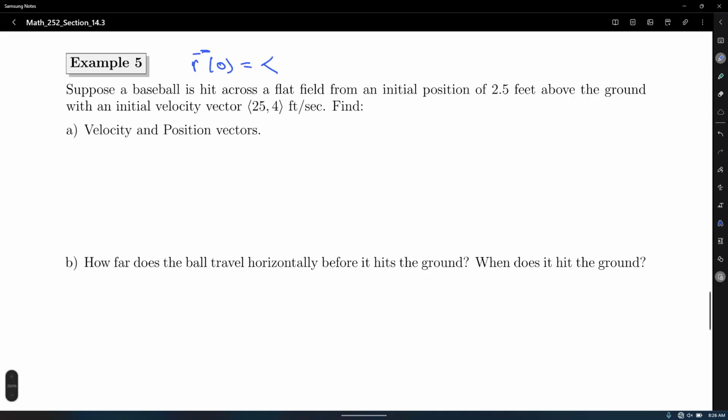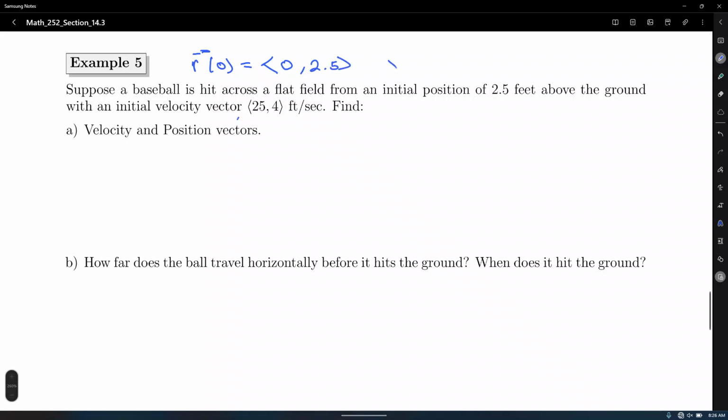How would you represent the initial height of the baseball using a vector? Any ideas? 0, 2.5, right? Because it's 0 units in the x direction, and it's displaced 2.5 in the y direction.